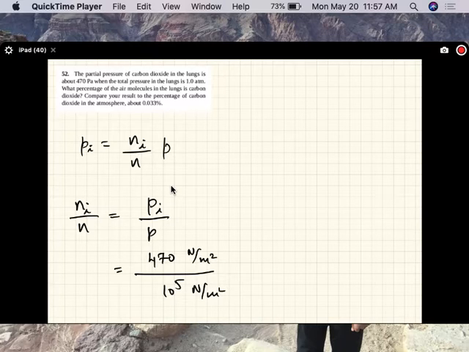So the fraction of carbon dioxide molecules, we'll explicitly write it.